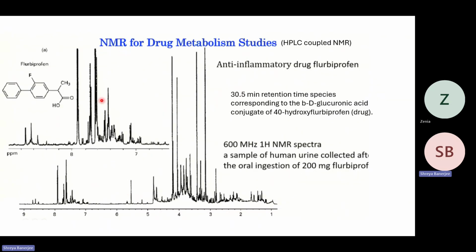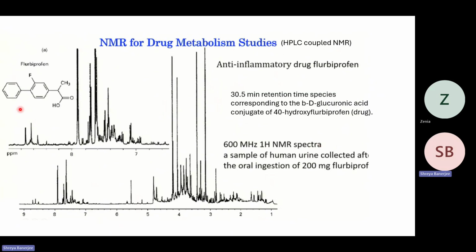Here an example is shown of NMR used in drug metabolism studies, for the anti-inflammatory drug flurbiprofen. The 600 megahertz 1H NMR spectra is shown for a sample of human urine collected after the oral ingestion of 200 milligram of this drug, flurbiprofen.